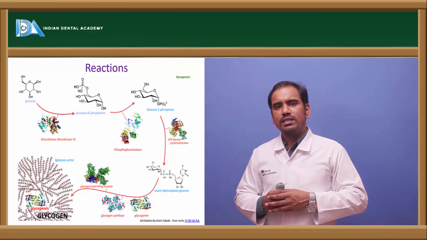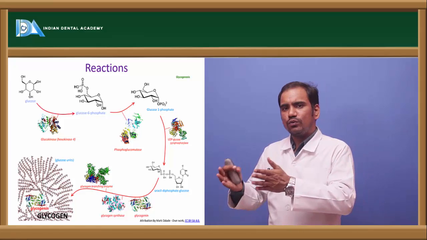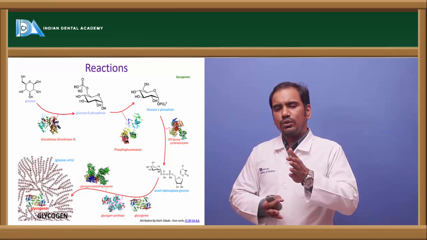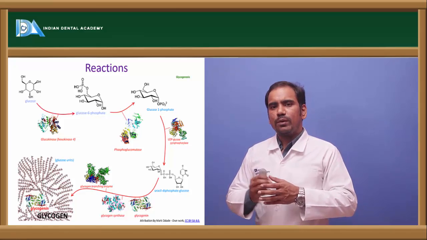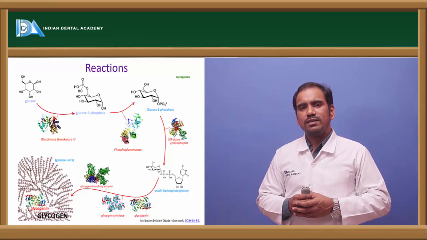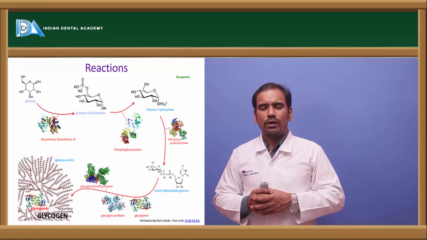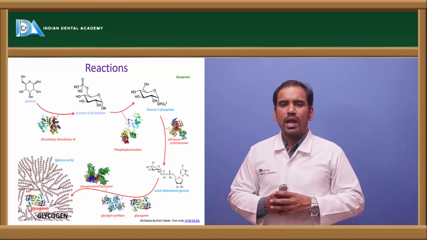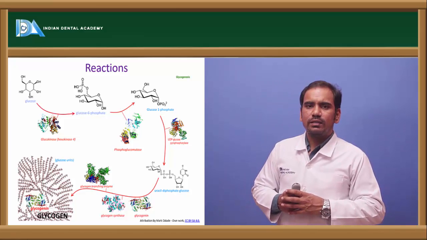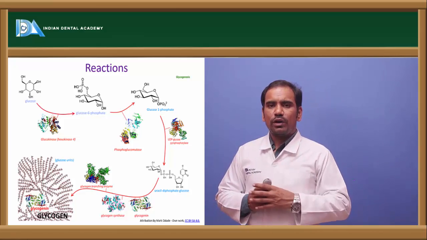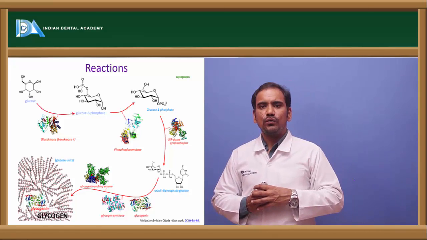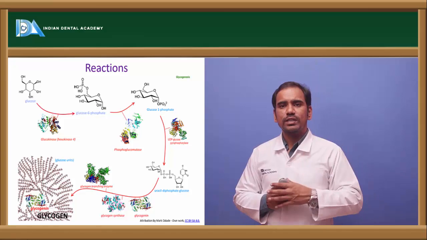Its function is that, after addition of 8 to 12 residues, some of the glucose residues are transferred to another chain and form branches. So branches are created by the branching enzyme, and the branch point is an alpha 1 to 6 linkage.